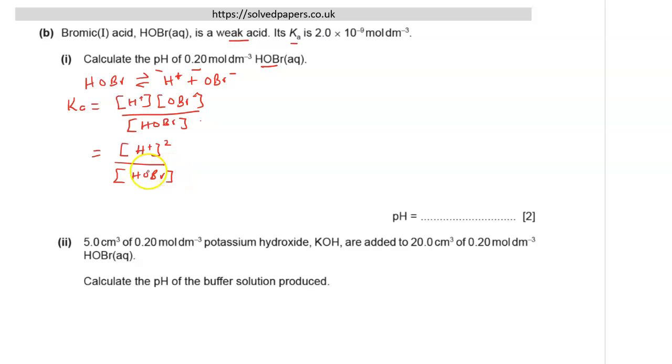Now we need to calculate the pH, so we need hydrogen ions concentration. Making hydrogen ion concentration subject here, it will be equal to the square root of the dissociation constant times the concentration of bromic 1 acid.